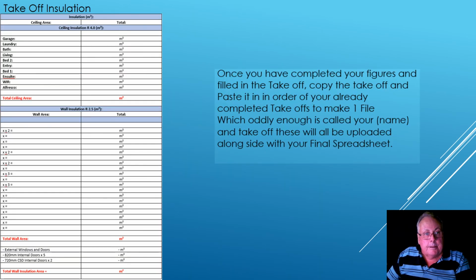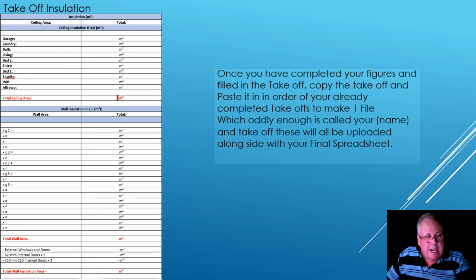Okay, last slide. All right, we've got insulation, and so what I've done there with ceiling insulation R4, wall insulation R2.5, and again you can go through the garage, laundry, bath, living, bedroom, entry, bedroom 1, ensuite, walk-in robe and al fresco, and put in the square area so that we can work out a total ceiling area, which is going to be very similar to what you've already worked out in regards to the amount of Gyprock that you would need for all the ceilings.